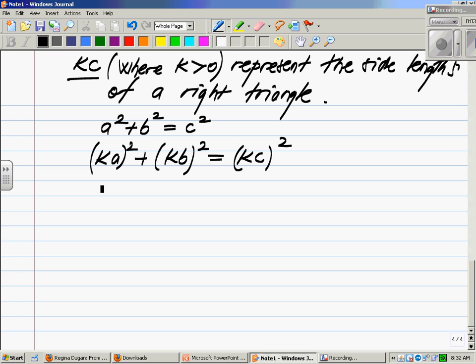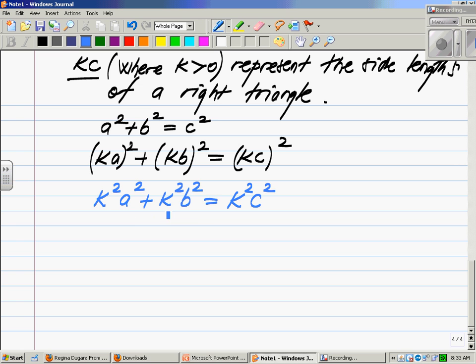What is that going to be equal to? Well, it would be k squared times a squared, right? So what I have is k squared a squared plus Kb, everything squared, will be k squared b squared. Kc, everything squared, will be k squared c squared.